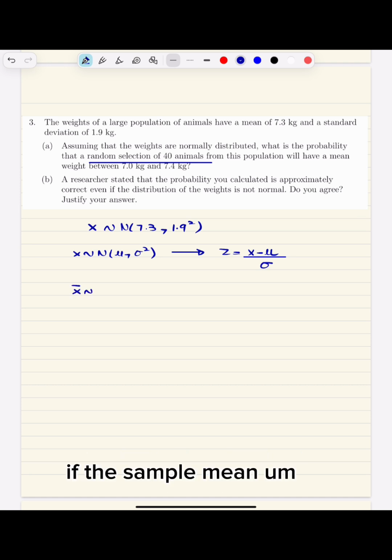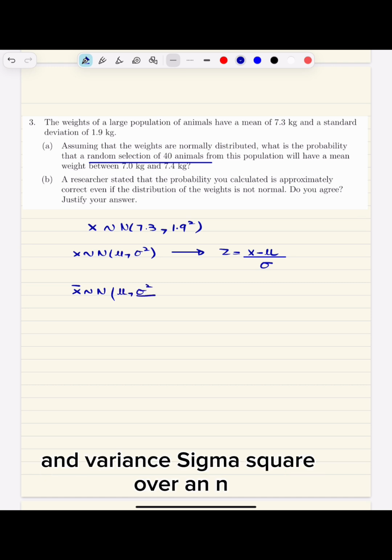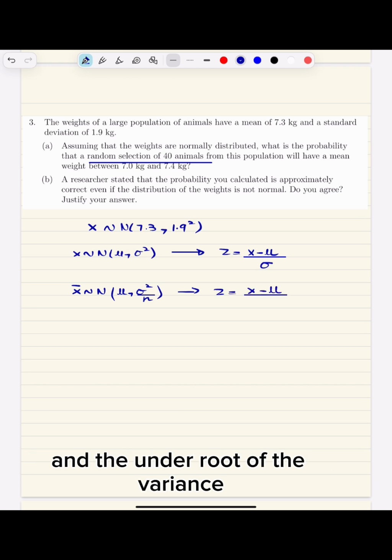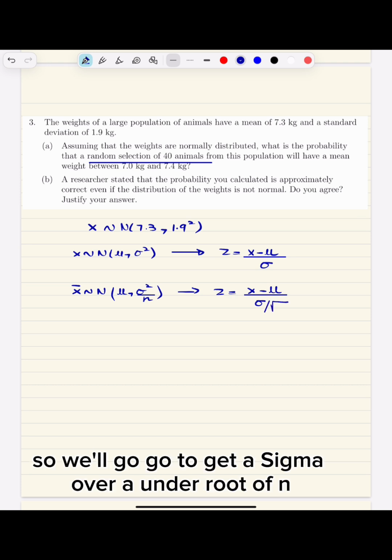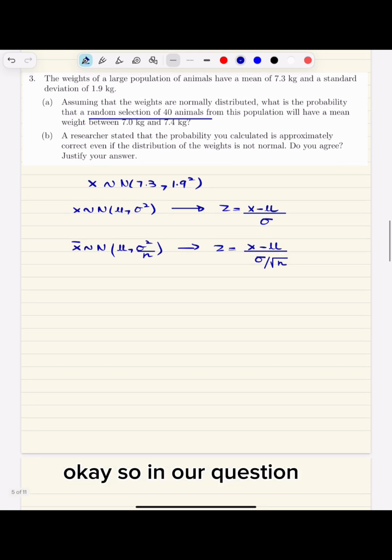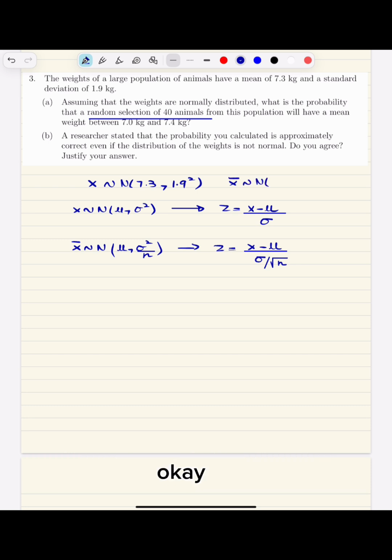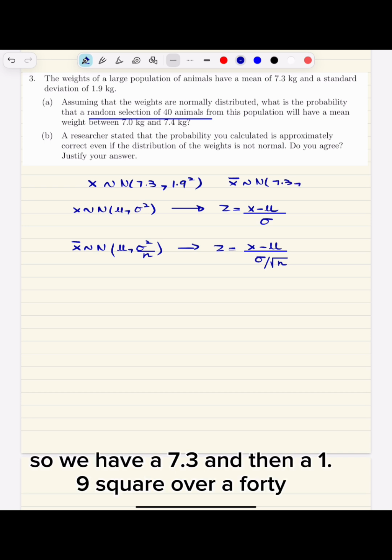If the sample mean is distributed with mean mu and variance sigma square over n, then the z distribution is going to be x minus mean and the under root of the variance. So we're going to get sigma over under root of n. So in our question, we have a sample of size 40. So we have a 7.3 and then a 1.9 square over a 40.